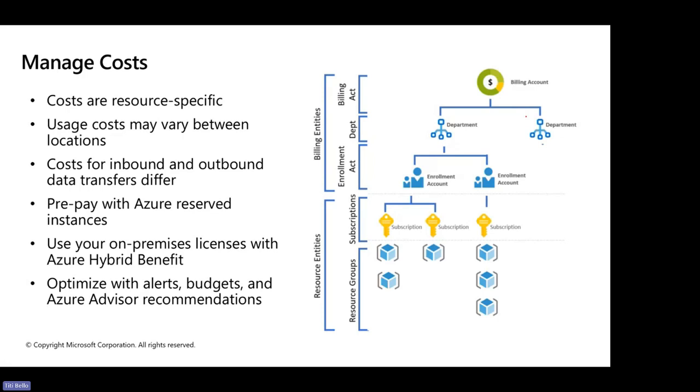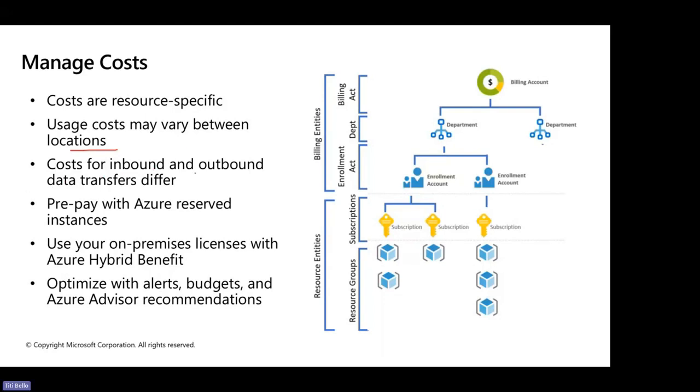And if you create maybe an app service in US, it might be cheaper than Europe. So costs actually vary based on your location. And when we say location, we mean regions.